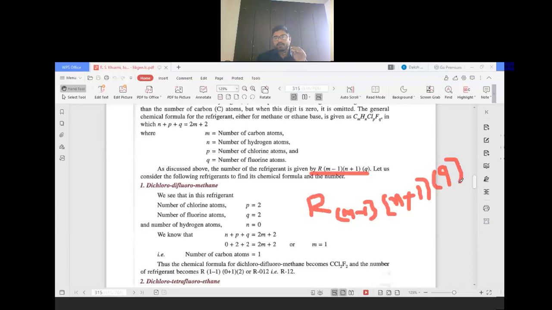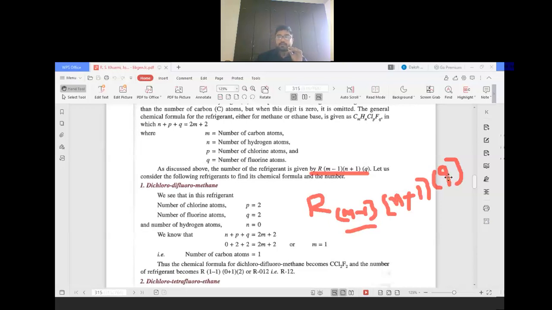Clear? R12, R20, R22, R134a. So in these, the first number indicates M minus 1, the second is N plus 1, and the third is Q.